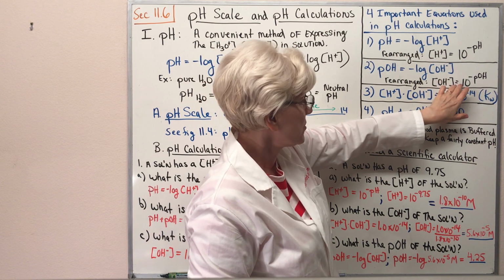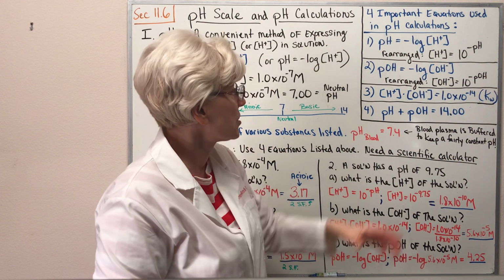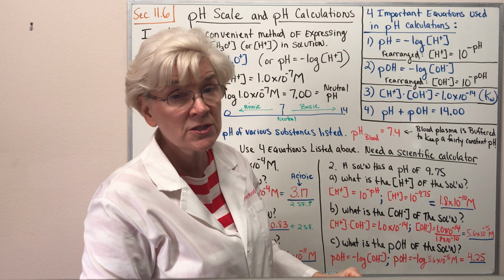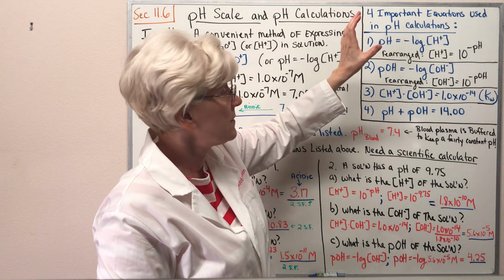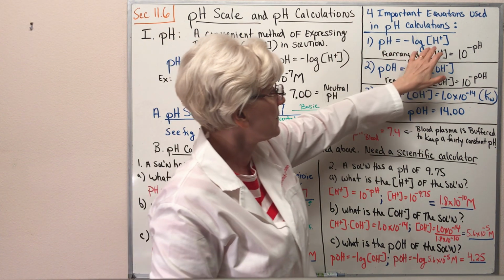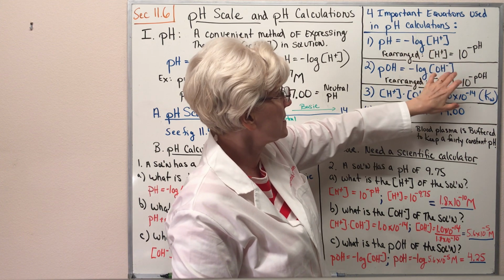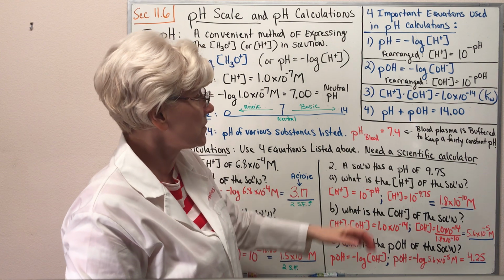Hydroxide concentration is equal to 10 raised to the negative pOH. So these first 2 equations are very closely related to each other, both of them convenient shortcut methods for expressing what the hydronium or hydrogen ion concentration is and what the hydroxide ion concentration is of a solution.